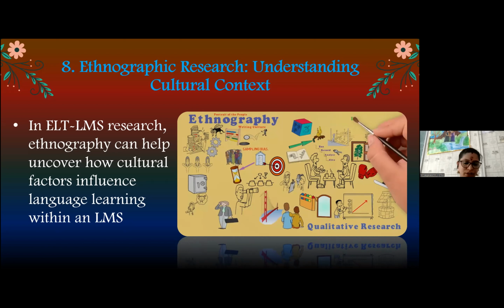So cultural norms or values, how they impact learner engagement, the communication patterns, and the use of LMS resources, right? That is an essential thing. When you search articles on the net regarding LMS and ELT, there are a number of articles available from studies conducted in Gulf countries.